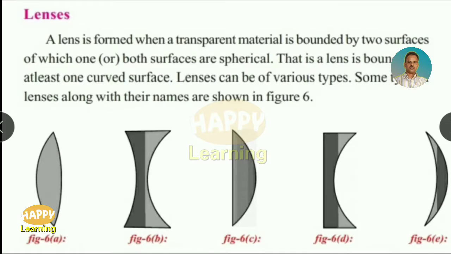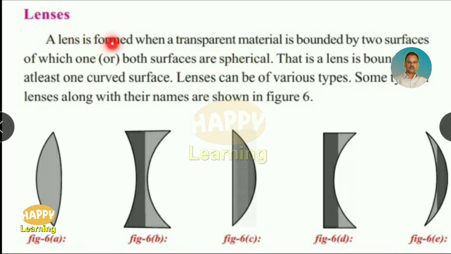Next, our topic is lenses. A lens is formed when a transparent material is bounded by two surfaces of which one or both surfaces are spherical. Let me read once again.